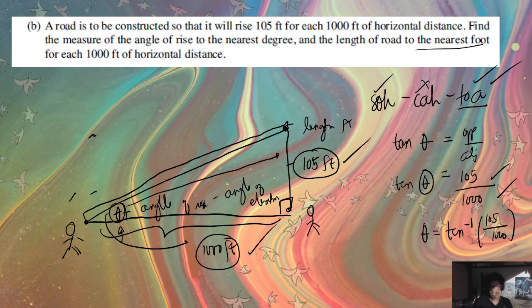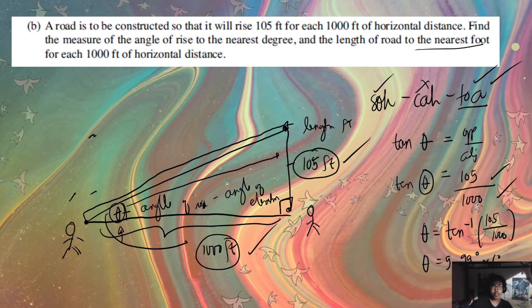If you put that on your calculator, it's going to look like this. Hopefully you can see it on the webcam. That's tangent raised to negative 1, open parentheses, 105 over 1000, close parentheses. That should give you an angle of 5.99 degrees, or approximately 6 degrees.